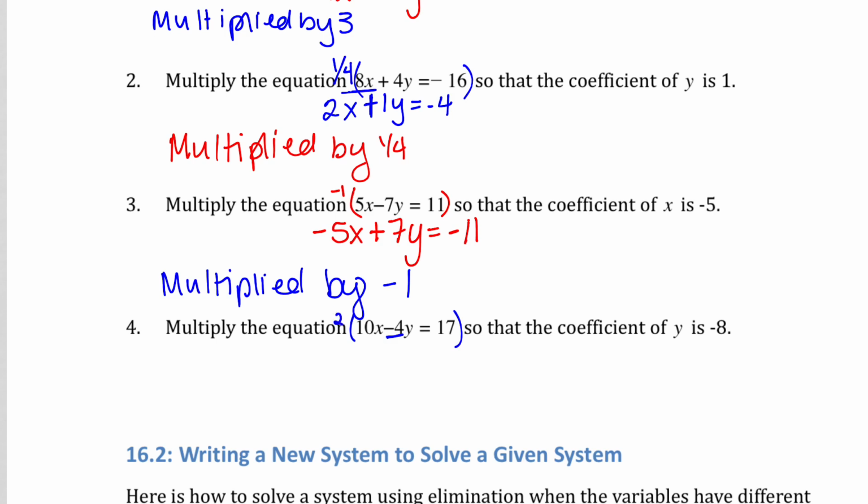Okay, what is 2 times 10x? What's 2 times 10? 20. So 20, drop down our x. 2 times negative 4?